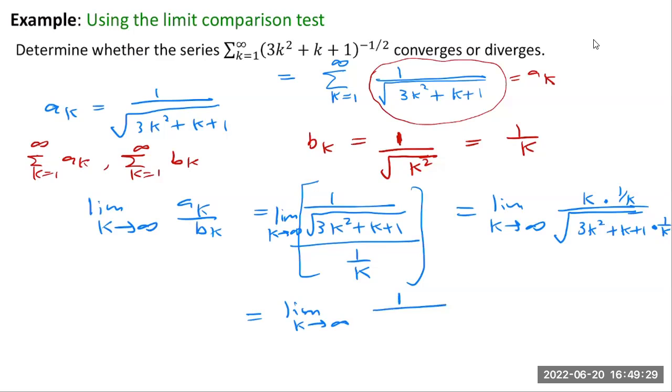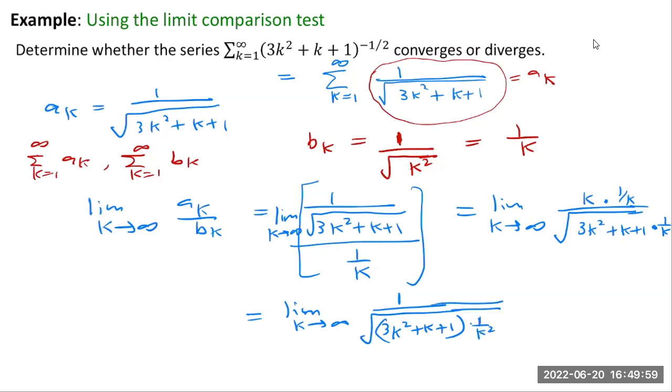And if I multiply my bottom by 1 over k, how do I multiply this by 1 over k? I'm going to send this 1 over k inside the square root. When I send this quantity inside the square root, I have to, of course, square this one, right? Square this one and send it inside. Then you get square root. Inside the square root, you have 3k squared plus k plus 1 times 1 over k squared.